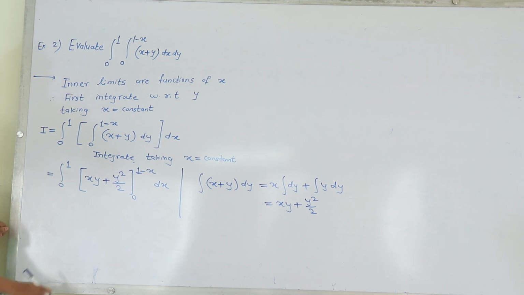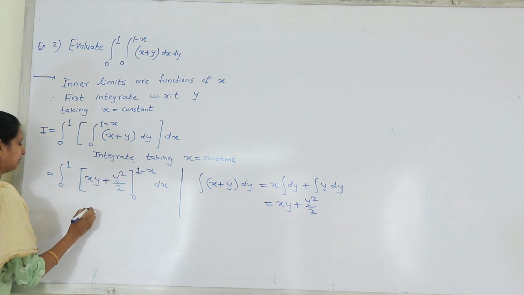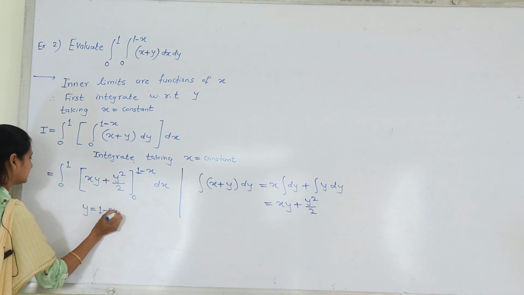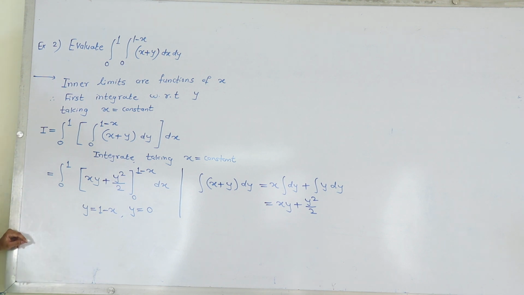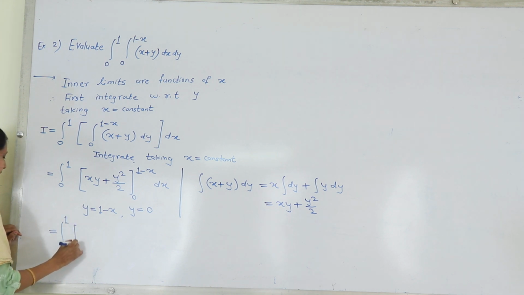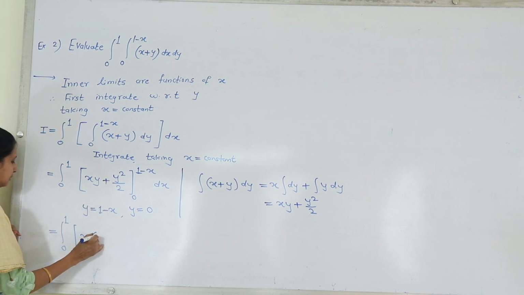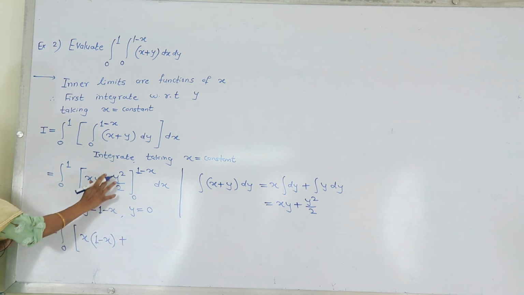Now the integration is with respect to y, therefore it is values of y. Upper limit of y is 1 minus x, and lower limit of y is 0. Integration 0 to 1, x into, at the place of y, upper limit 1 minus x, plus y square.